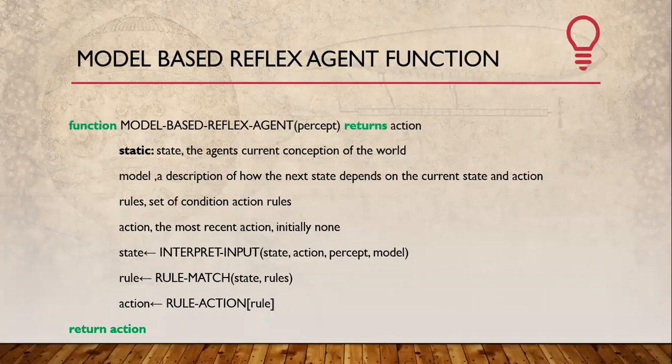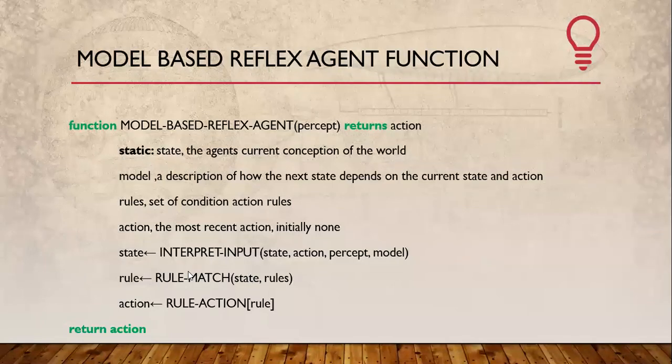Once the state is identified, it goes to the function known as rule match. It passes the current state and the set of rules, which will be defined in the system depending on the work of that agent. From that set of rules, there will be one rule which matches this state, which has just been derived.